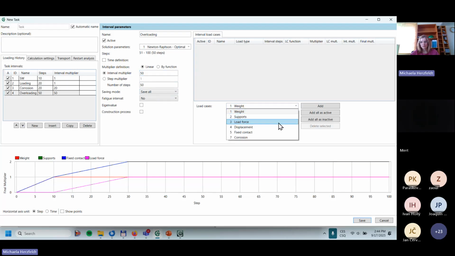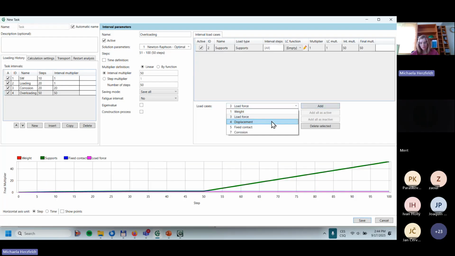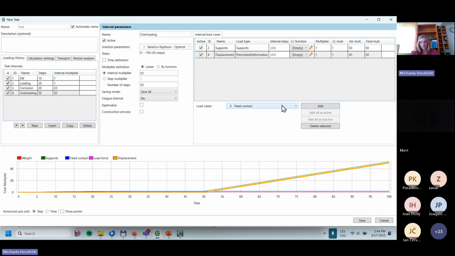So the multiplier is 52, and we need to add both cases. Support and displacement is what we are applying as a load for overload, because I'm keeping Newton-Raphson solution parameters everywhere. So for overloading or searching for the peak, it needs to be the load with displacement, not with the forces.